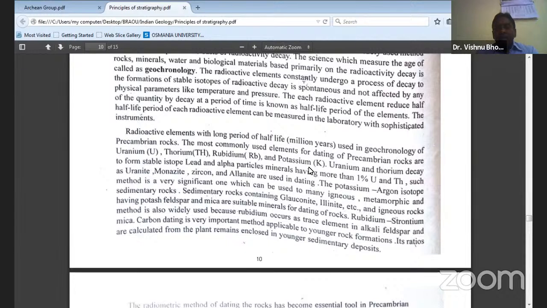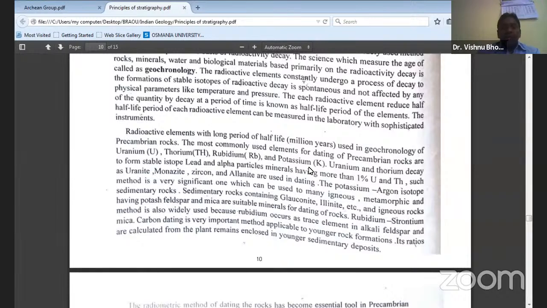Half life time. Uranium and thorium decay to form a stable isotope, lead, and alpha particles.